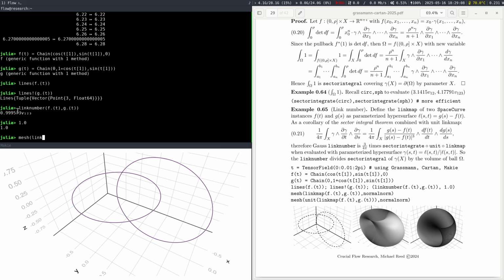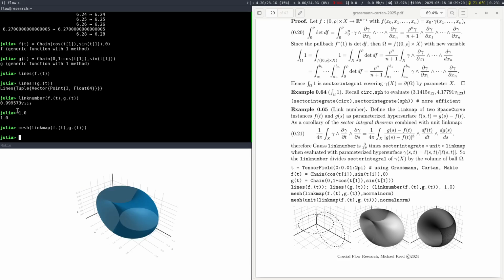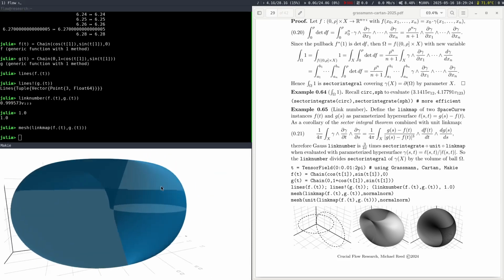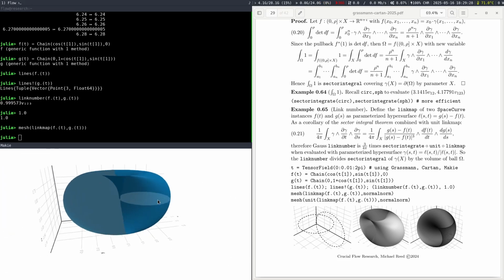And we can also visualize what the link map looks like. So we had those two curves, and now we have the link map of those two curves.